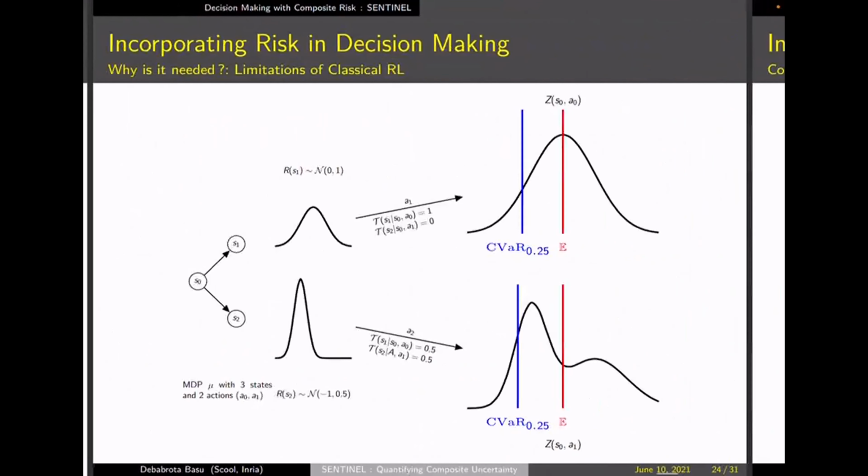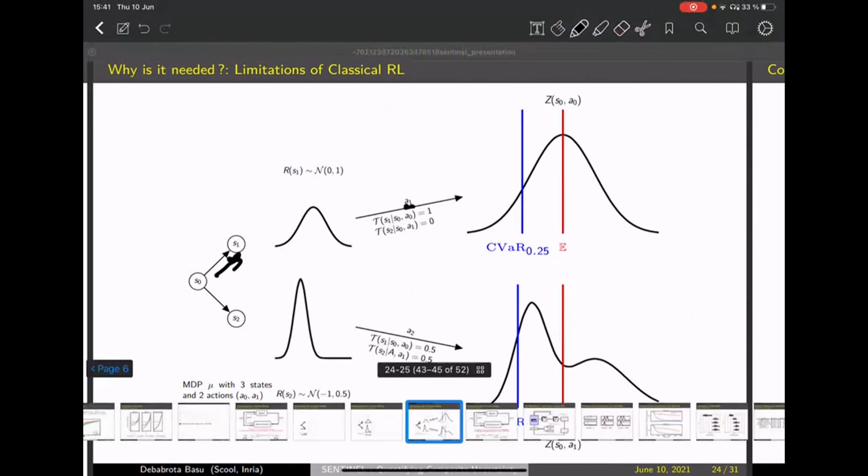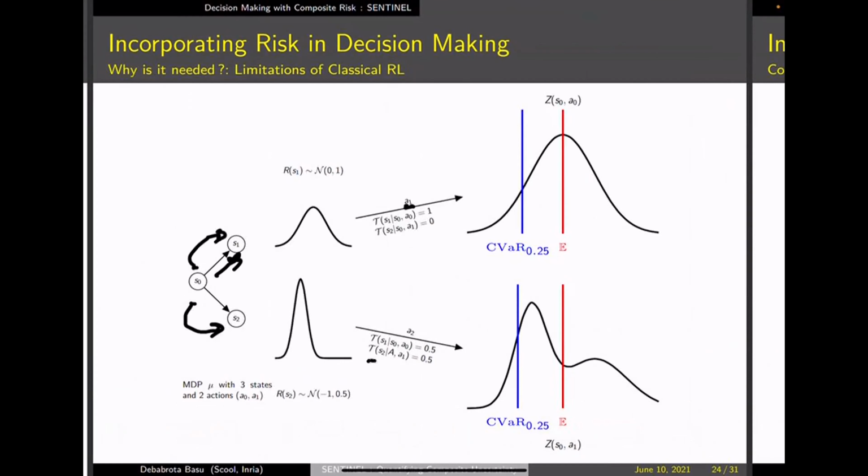If we take an action A1 and always go to state S1, and never go to state S2, and if we take another action A2 and sometimes go to S2, sometimes go to S1, with probability exactly half, then the return distributions can be of 2 types.